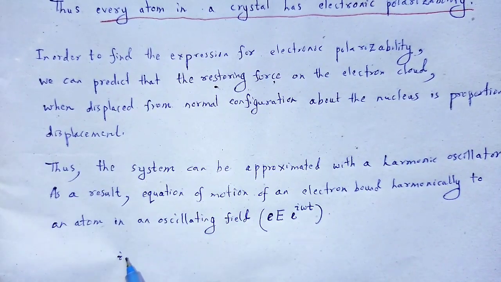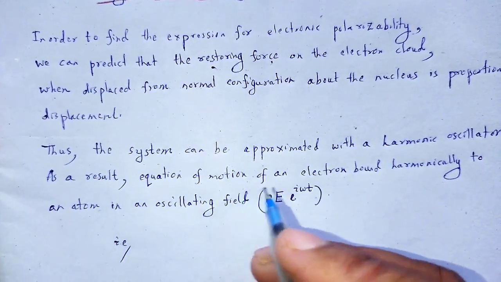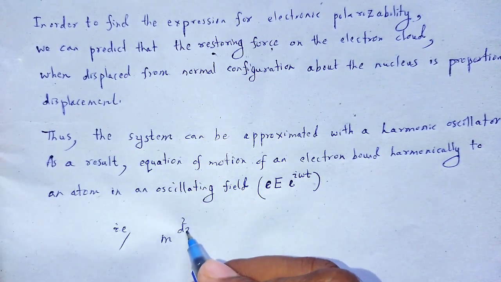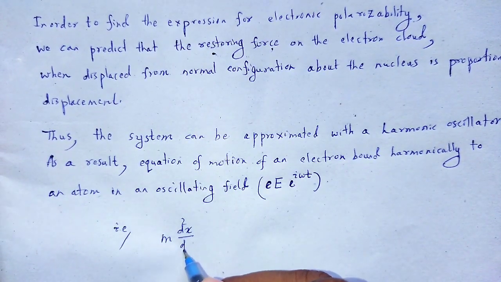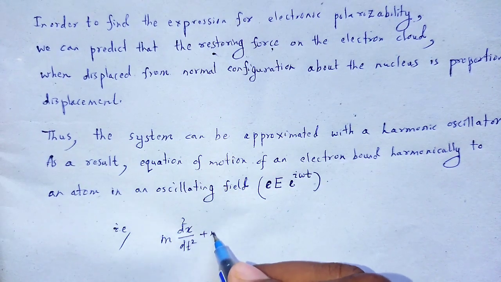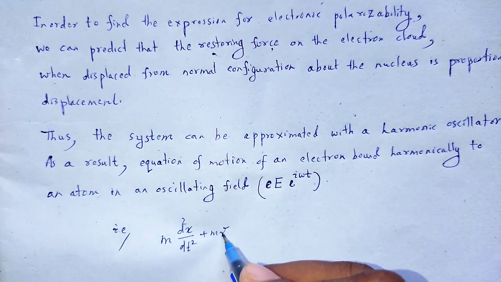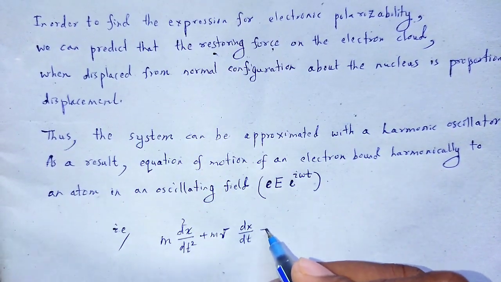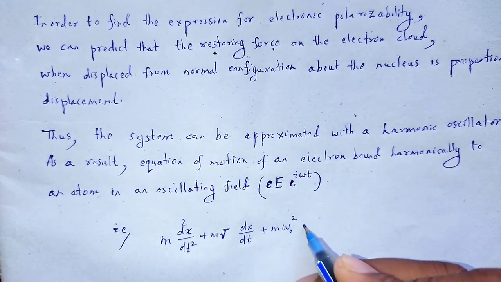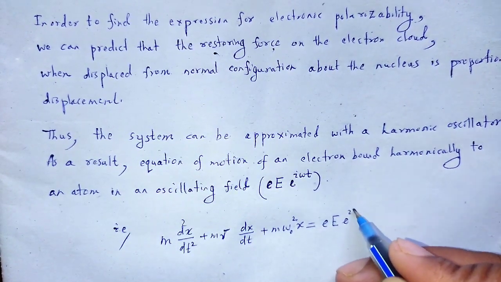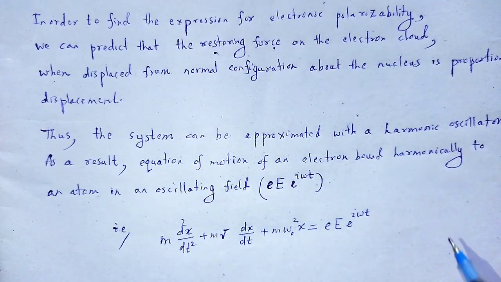That is the equation of motion: m d²x/dt² plus m gamma dx/dt plus m omega naught squared x is equal to E into e to the power i omega t.